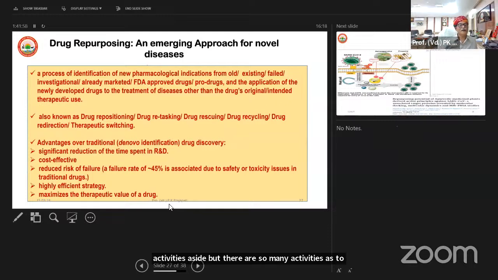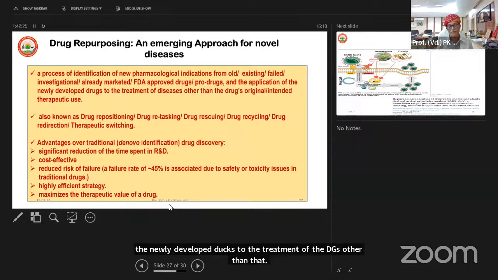So it is a process of identification of a new pharmacological indication from old, existing, or failed, many times failed investigational, or already marketed or FDA-approved drugs and products, and application of the newly developed drugs to the treatment of a disease other than the drug's original intended therapeutic use.